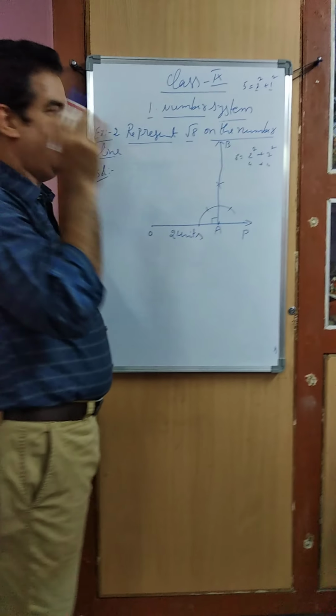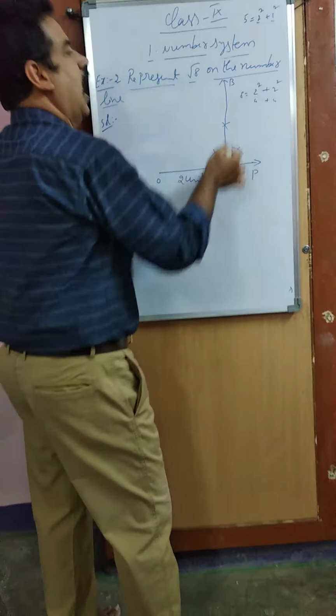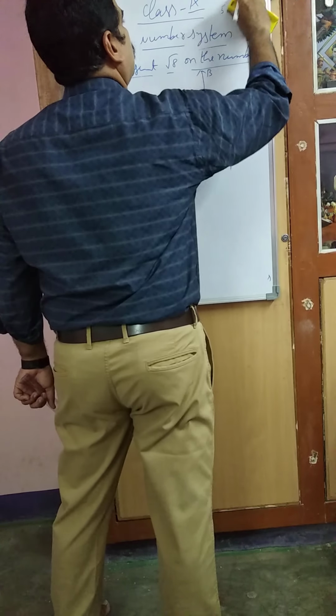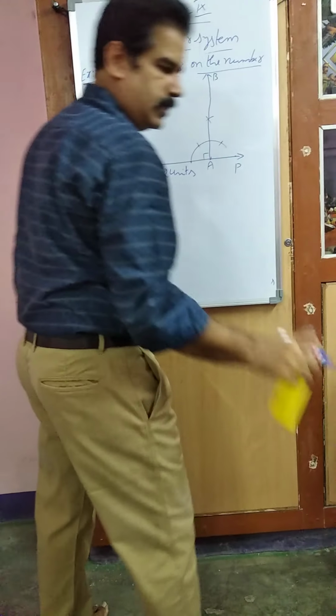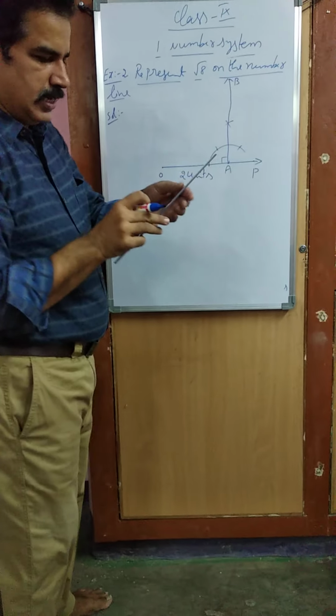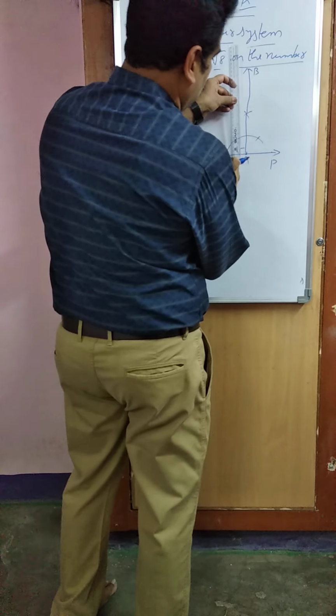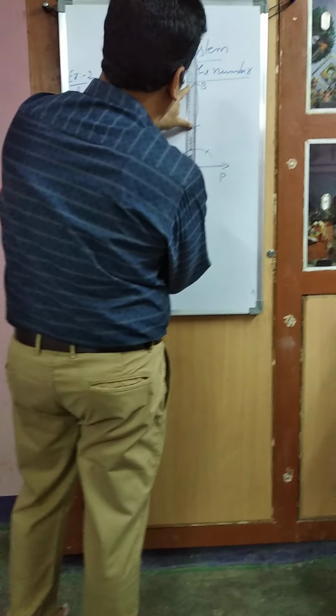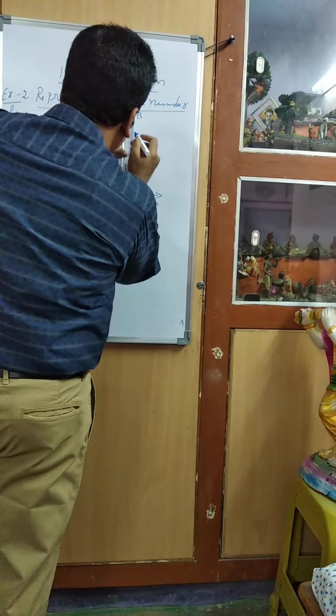Like that you have to keep in mind. And the base I take 2 and the height also I take 2 inches. Take the height also 2 inches. Take the inches side of the scale, 2 units. Centimeters are very small, that's why I am taking inches.